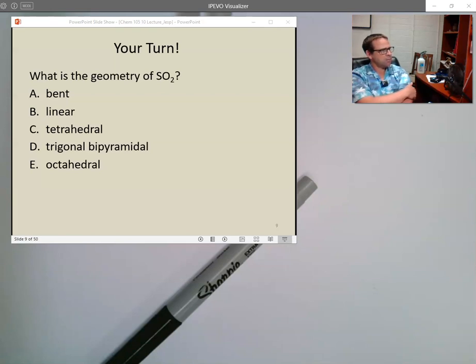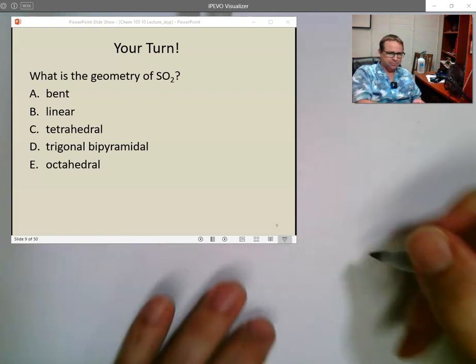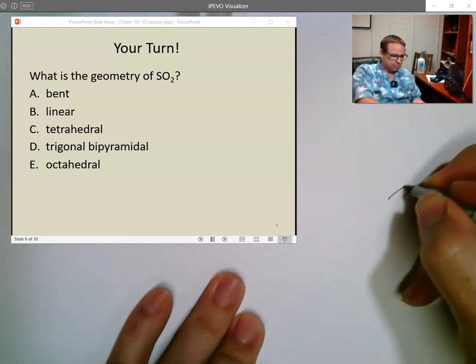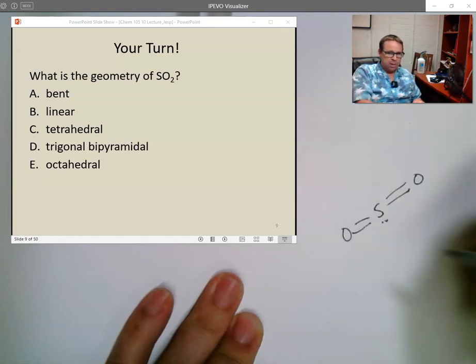James Oliver, what do you think would be the shape of this molecule? I feel like the shape would be bent. That's right. Bent is right.